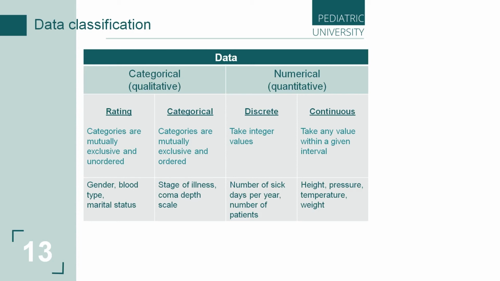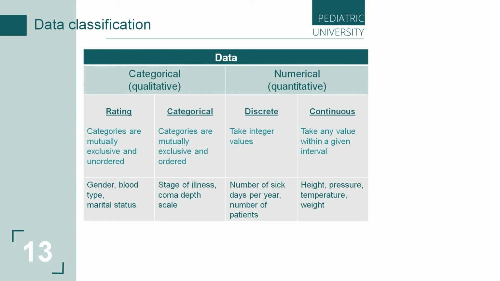This does not mean that any one category is better or worse than another. An example of such data would be gender, blood type, marital status. We can't say that being male is better than being female, or being married is better than being single.